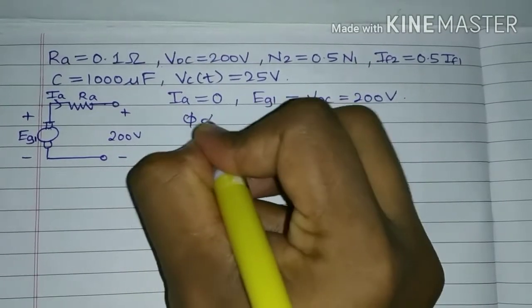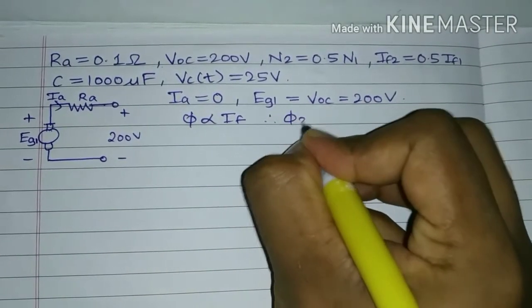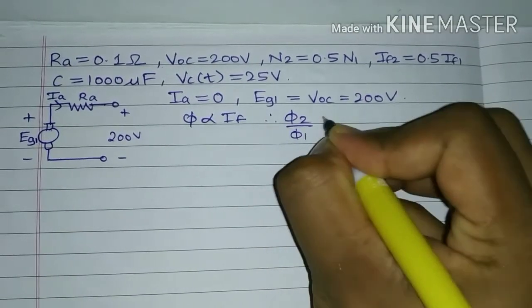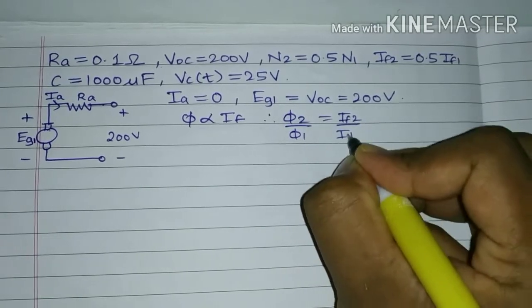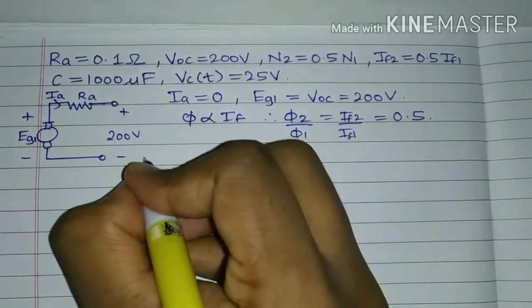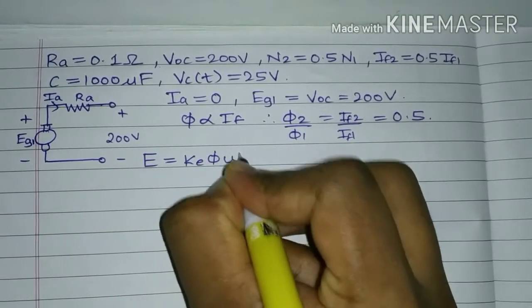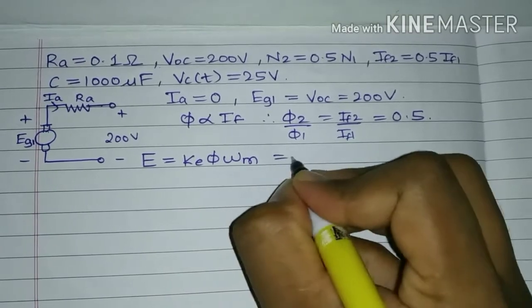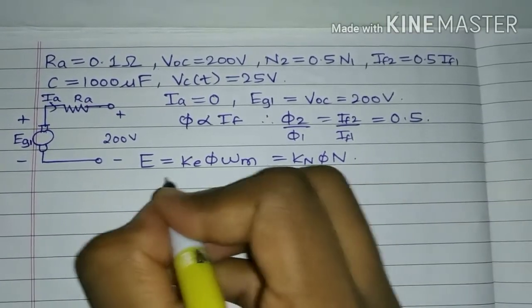Now we know that the flux is directly proportional to the field current. Hence phi2 upon phi1 will be equal to If2 upon If1, which is equal to 0.5. And we also know that E is equal to Ke into phi into omega m, which is equal to Kn into phi into n, where n is the speed in RPM.